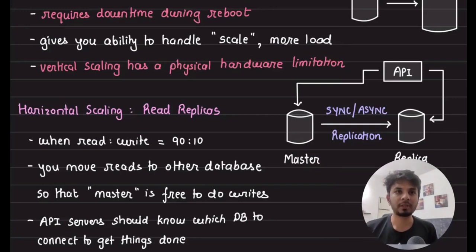Now what happens over here is you move reads to another database. But now, how do you know that reads need to go to the read replica and writes need to go to the master? By the way, I did not explain the term master. So when you add a read replica, one database becomes the master database, which takes up all the writes, while the other database becomes the read replica or slave.